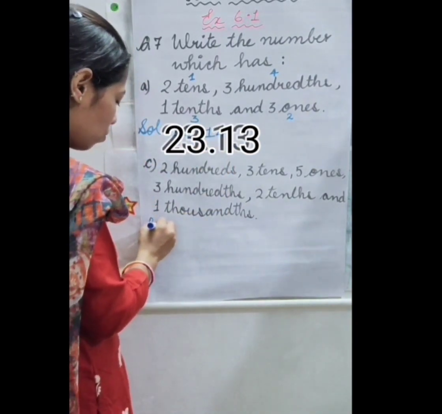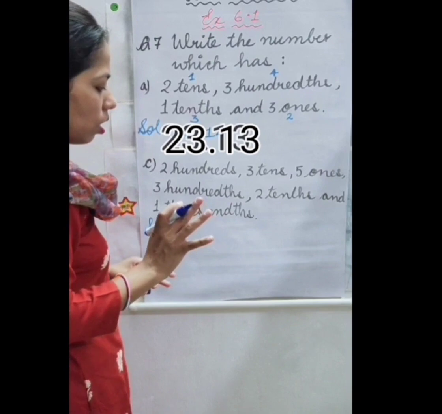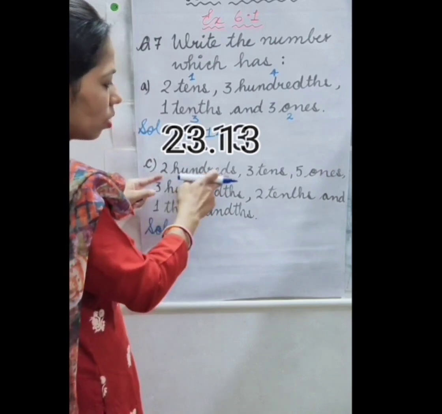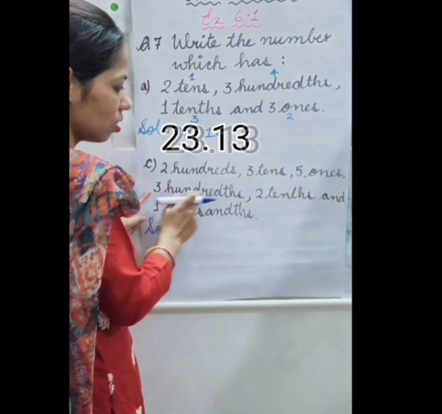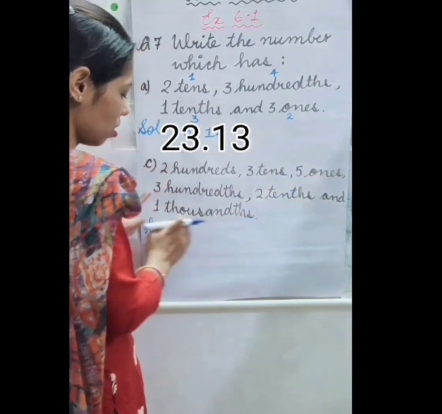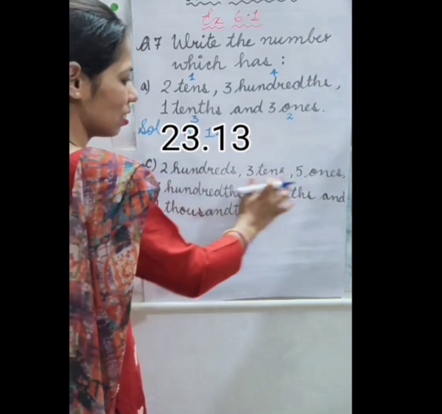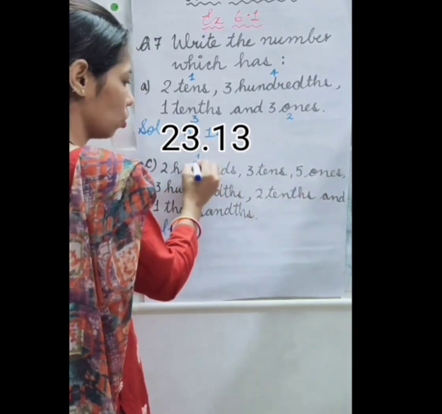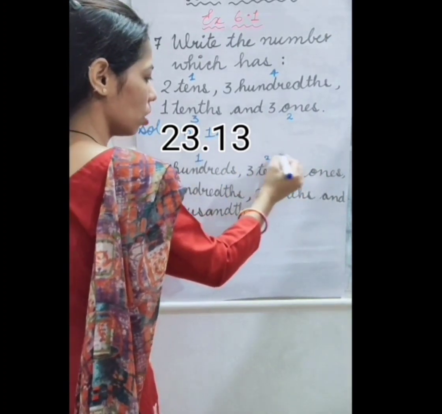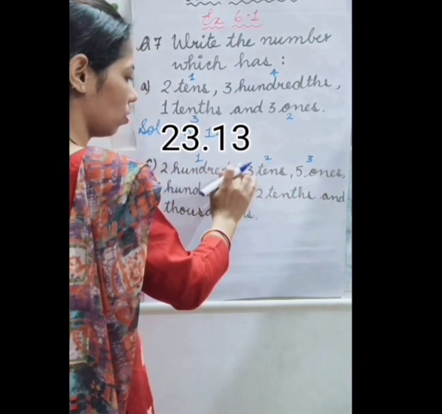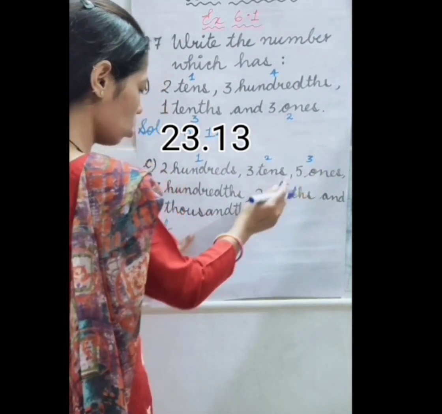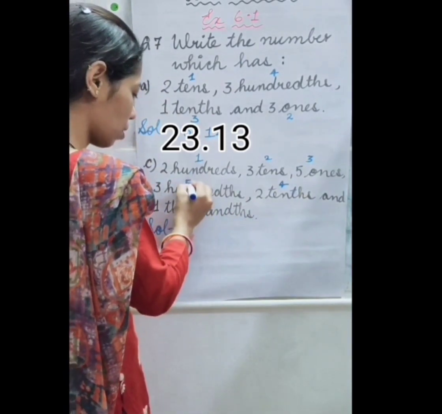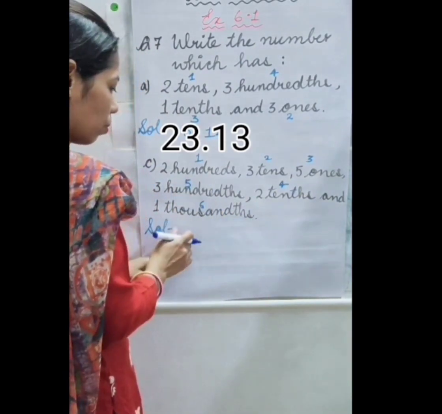In the same way with part C, first we will give numberings. It is 2 hundreds, 3 tens, 5 ones, 3 hundreds, 2 tens and 1 thousands. As it is in proper sequence, 235. So 1, 2, 3. Then here first tenths will come, 4, then hundredths will come and then thousandths.